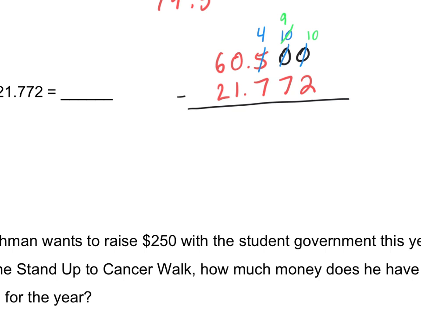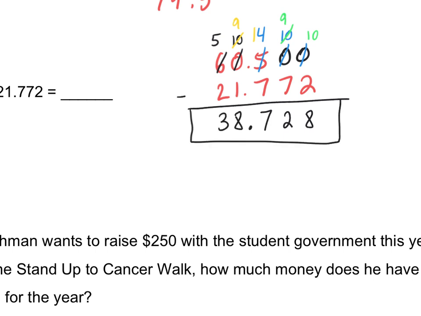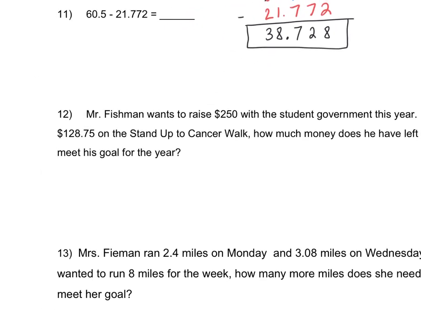Now I can do my subtraction. 10 minus 2 is 8. 7 minus 2. I can't do 7 minus 4. I'm going to come all the way over. Now I'm going to turn that 10 there into a 9, and this becomes 14. Now I can finish my subtraction. That is a big one. Give yourself a pat on the back if you got that answer.